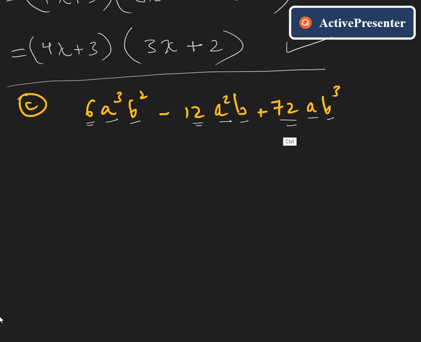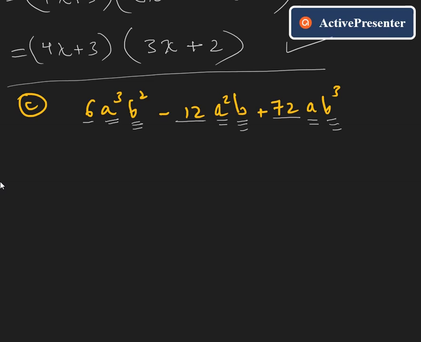Let me organize them again. So to factor out the greatest common factor, we will see the greatest that divides them all for numbers and for variables. So what are the numbers? Here we have 6, 12, 72. What are the variables? We have a and b. Okay, let's see. Here we have a, here we have a, and here we have a. B, we have here b with exponent 3, and b with exponent 3, and here b with exponent 3.